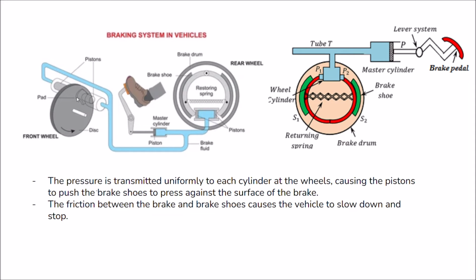However, at the rear wheel, which is the drum brake, when the pressure is transmitted, it will produce a force on the piston inside this brake drum, and there are brake shoes inside of the drum brake. This piston will push the brake shoes to come in contact with the surface of the brake and also produce friction that will cause the vehicle to slow down and eventually stop.